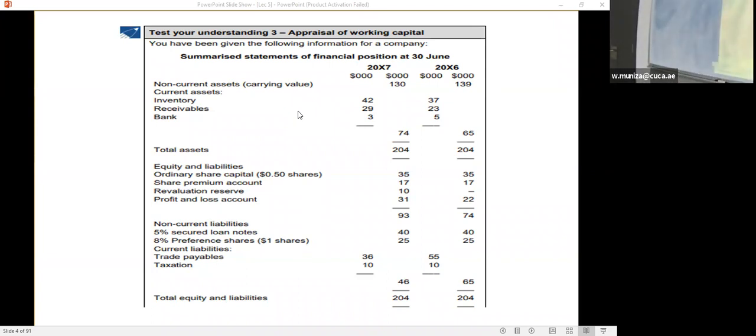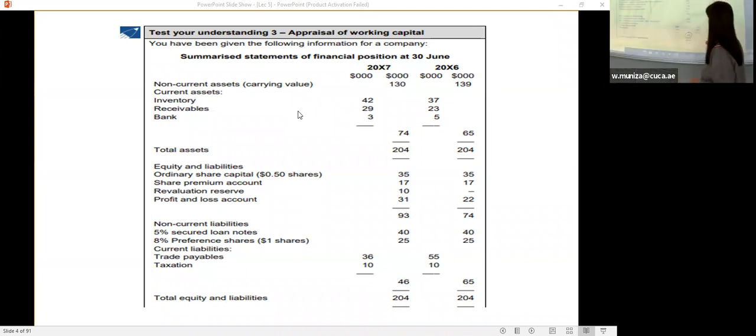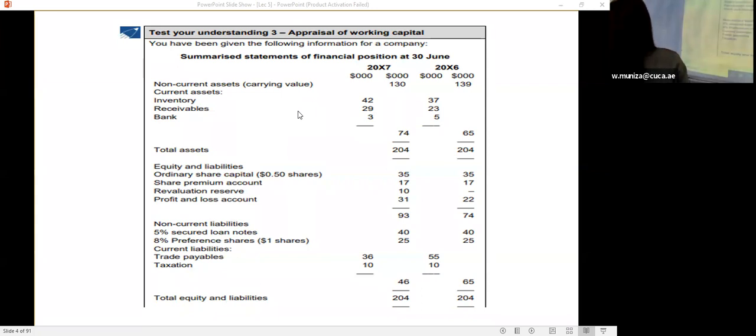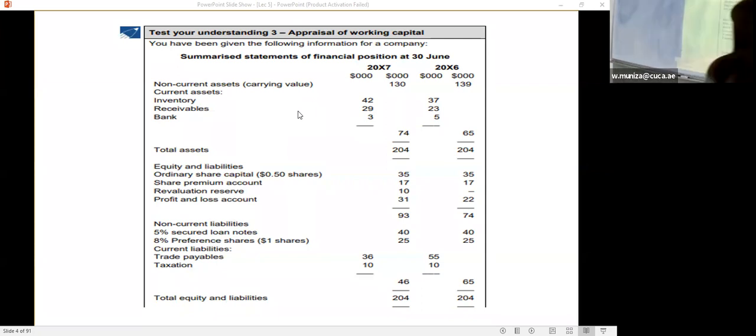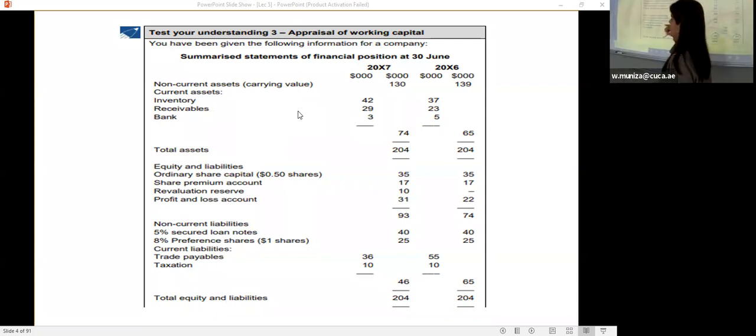Under current liabilities, we have payables and taxation. So 65 for 2006 and 46 for 2007. Do tell me if I make any mistake. Is this 65 for 2006? Yes, 2006 it's 65. And for 2007, 46. Is it?